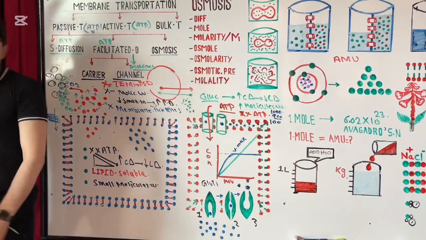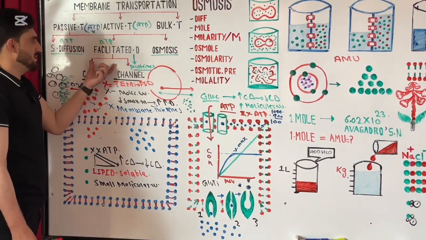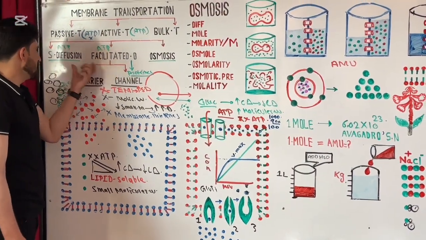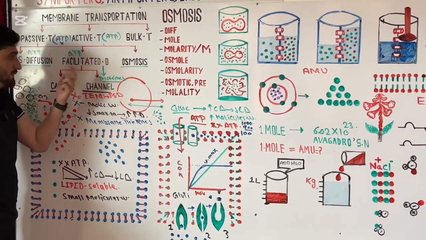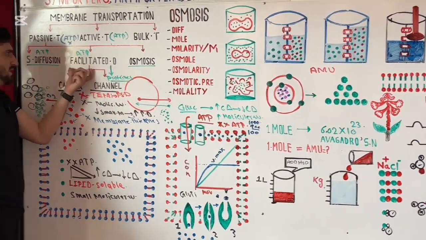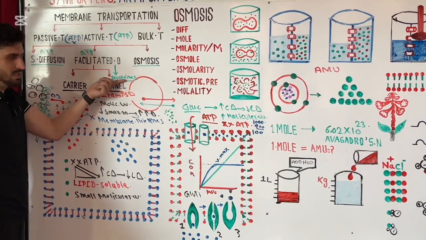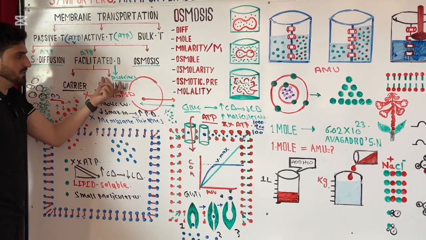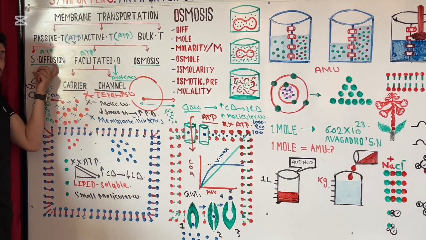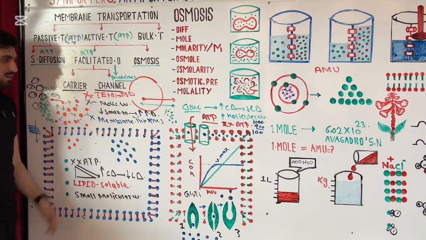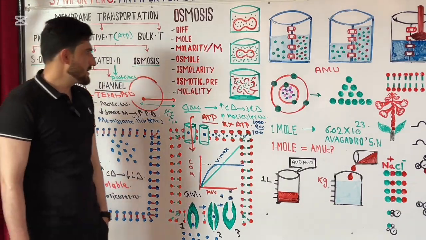Okay, so that was a lot about facilitated diffusion, and the difference between simple diffusion and facilitated diffusion. Don't forget two differences. In facilitated diffusion we use proteins, and in facilitated diffusion we have the concept of saturation. Okay, but in simple diffusion we don't use proteins and also we don't have the concept of saturation.